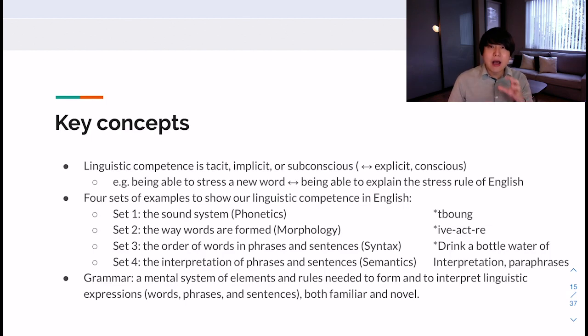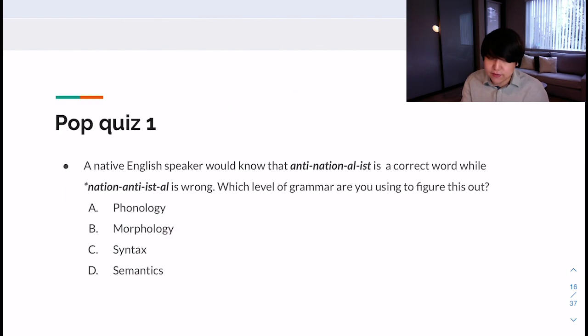You have to know how to arrange words into phrases, sentences, and conversation to make that language happen. That's called grammar. It's a mental system of elements and rules needed to form and interpret linguistic expressions, both familiar and novel. So keep in mind that linguistic competence is not just about learning vocabulary. It also has a very important part called grammar, and this is the definition of it.